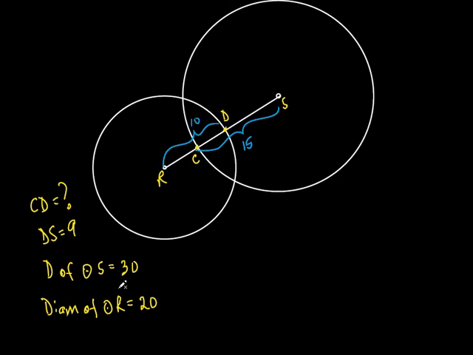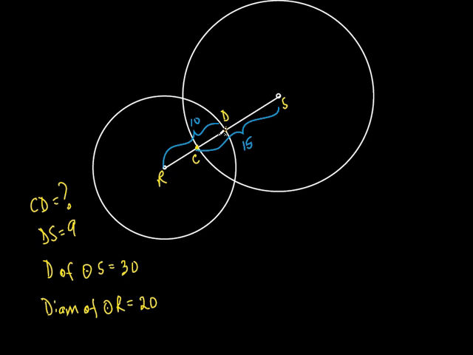They ask you for CD. Knowing that, that should make it pretty easy to find CD. CD is from here to here. Now look, is the whole thing 25? No, it's not, because it's overlapped. You wouldn't just add them together because you'd be adding an extra part. This part is 10, this part is 15. CD is what's actually overlapping.